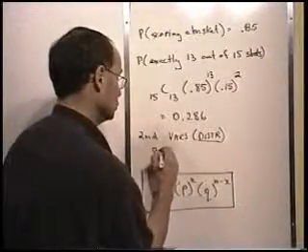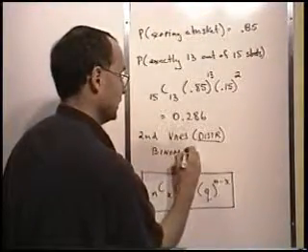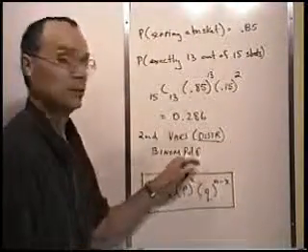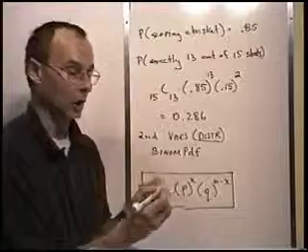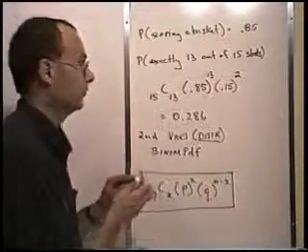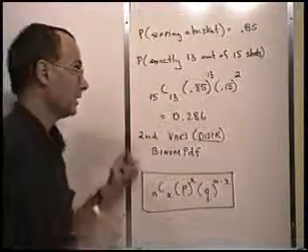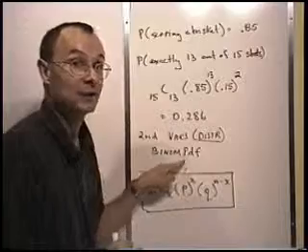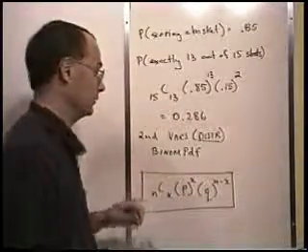So here's the one you choose, binomial PDF. Now PDF stands for probability density function, and all you have to do is visualize that this little PDF has a very big importance between it and another one that says binom CDF, cumulative, and we'll talk about that one in a moment.